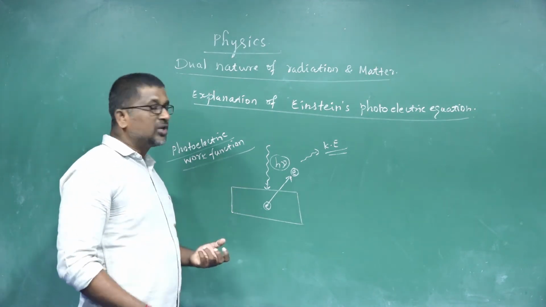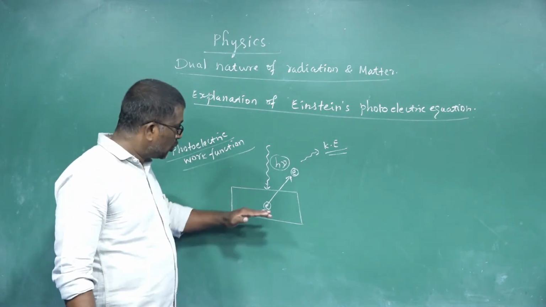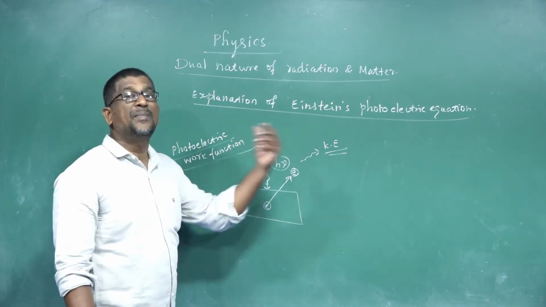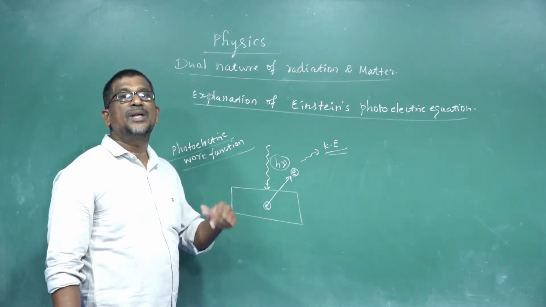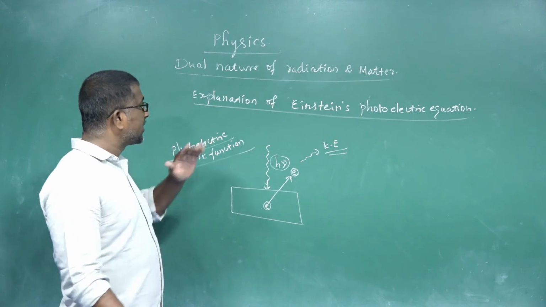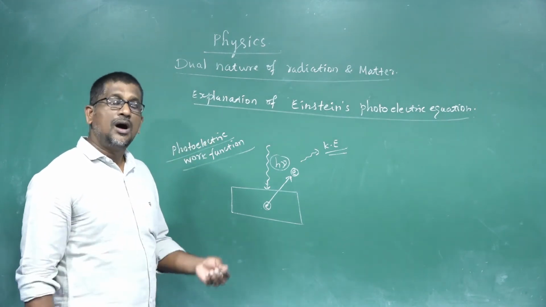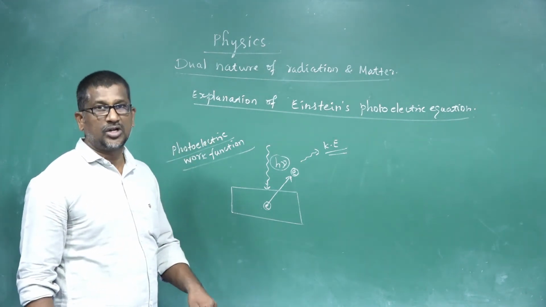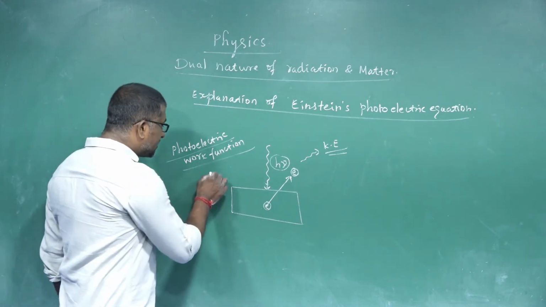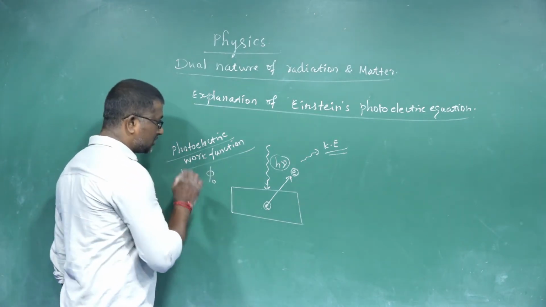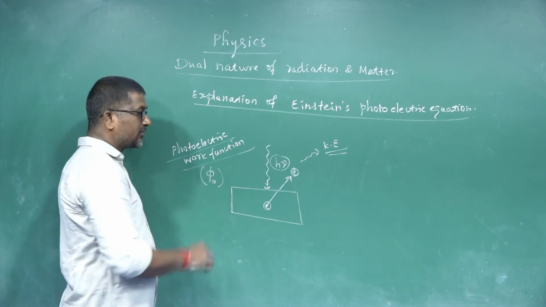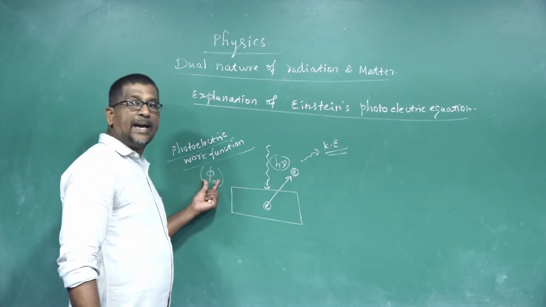The minimum amount of energy required to liberate the electron from the metal surface is called the photoelectric work function of the metal. It is denoted by phi naught.